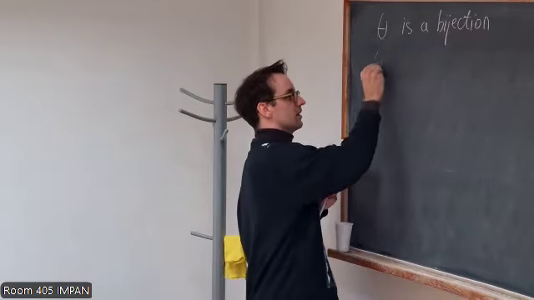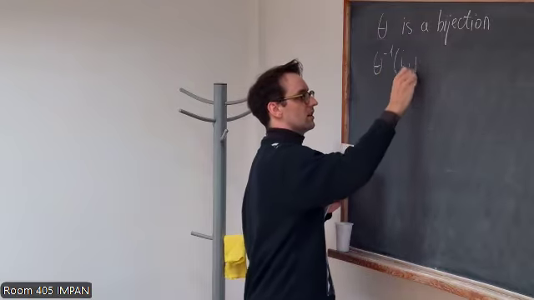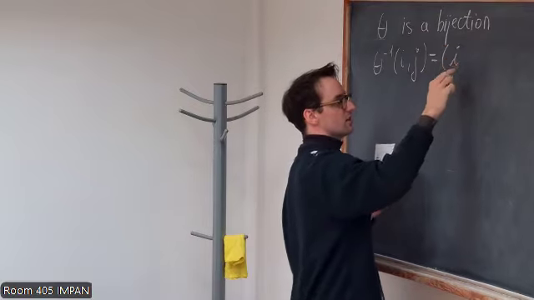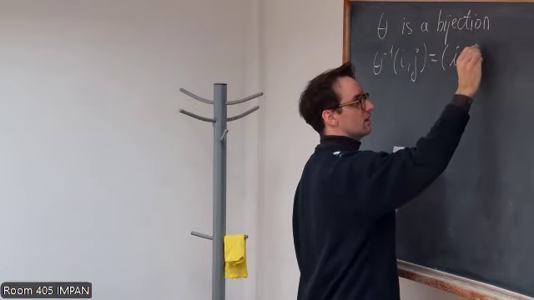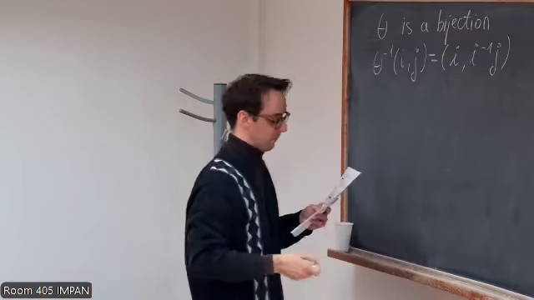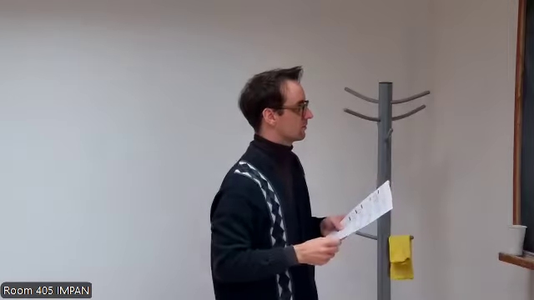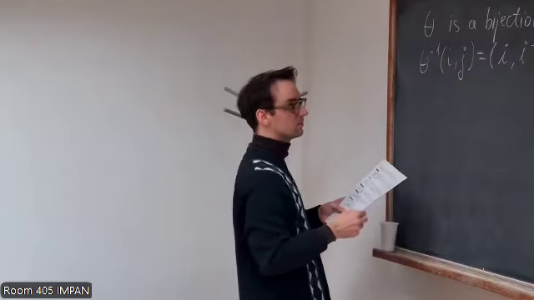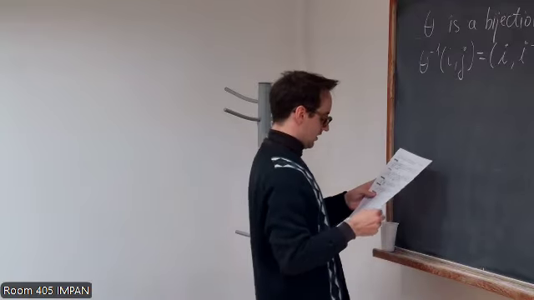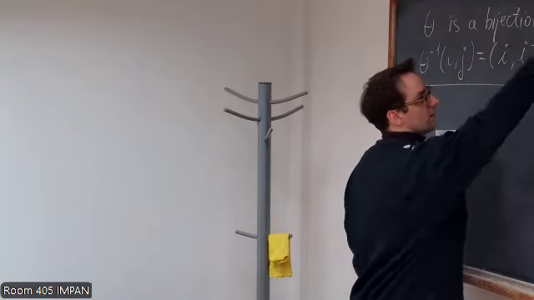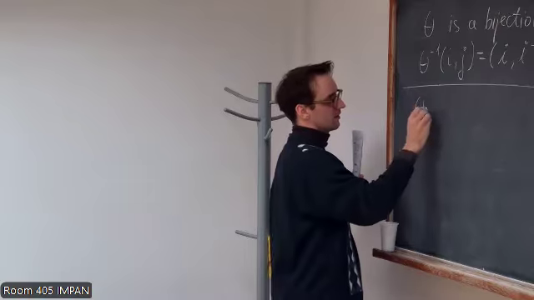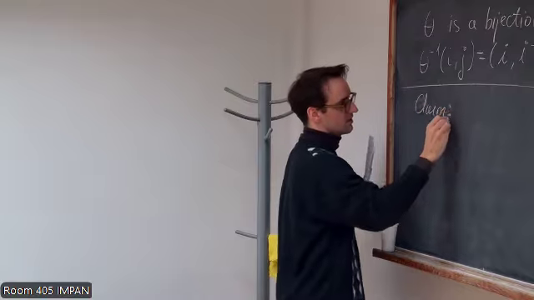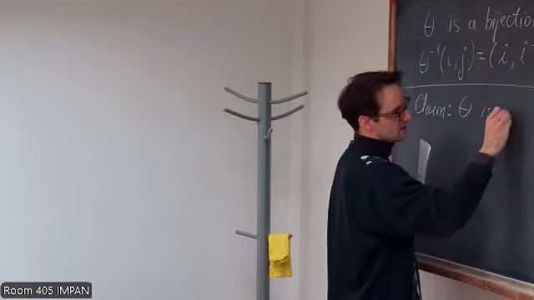And the inverse of theta of (h, k) is (h, h minus 1 k). Now we have to prove that theta is an immersion.